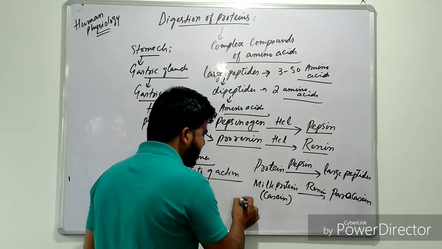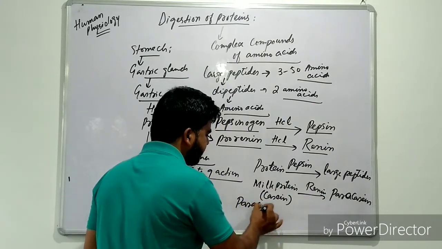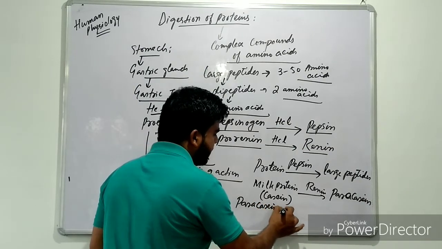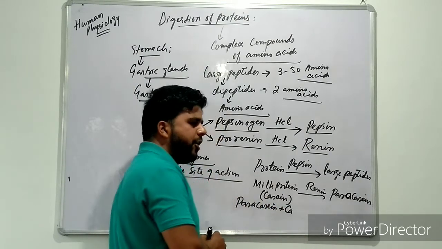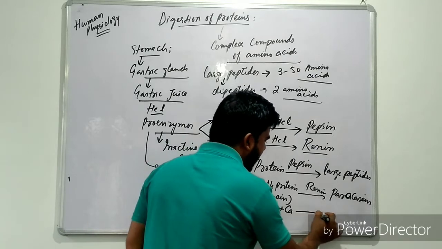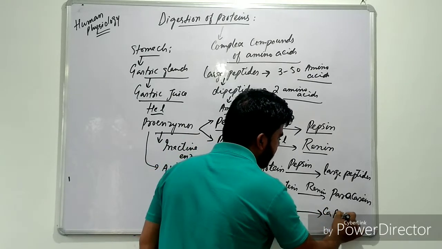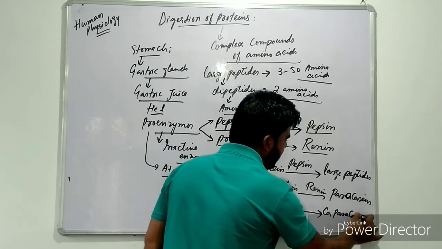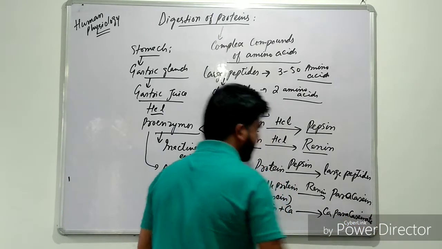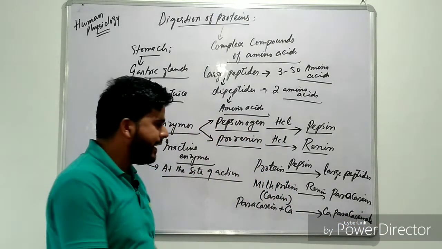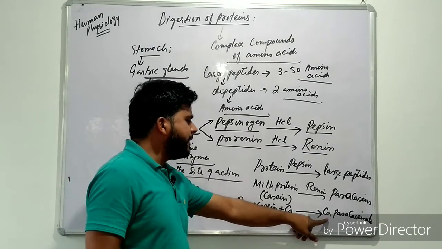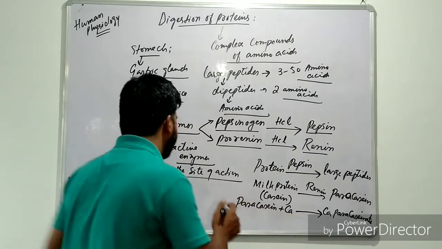And after that this paracasein combines with the calcium ions in the stomach and gets converted into calcium paracaseinate. And after that, what happens to this calcium paracaseinate?